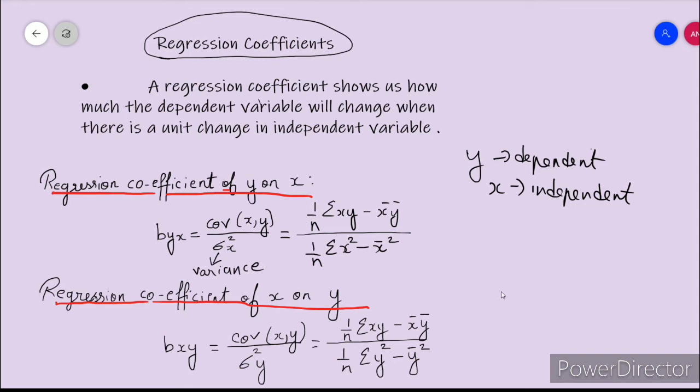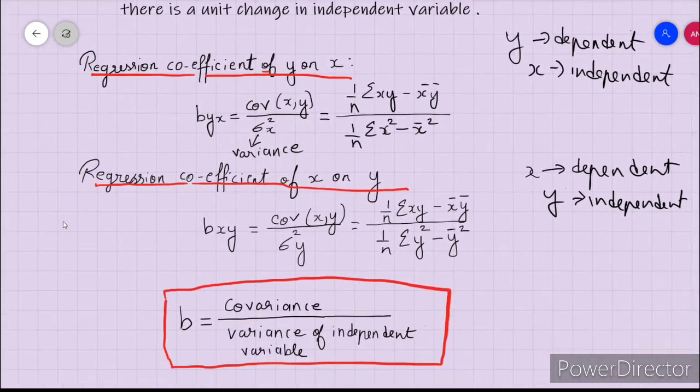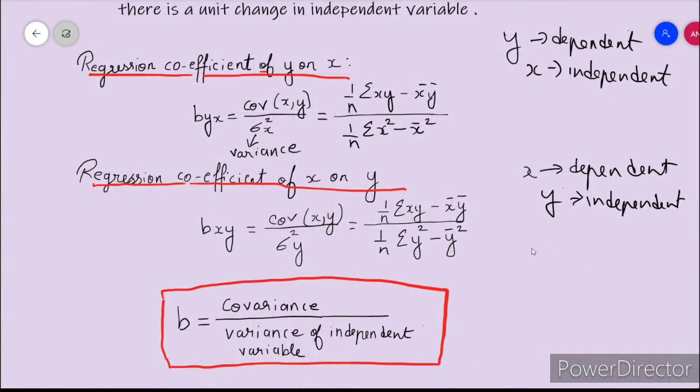Similarly, let's take another case where x is now the dependent variable and y is the independent variable. The regression coefficient of x on y is represented as bxy.